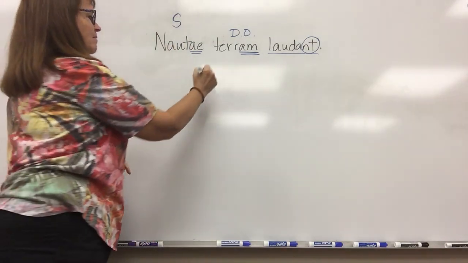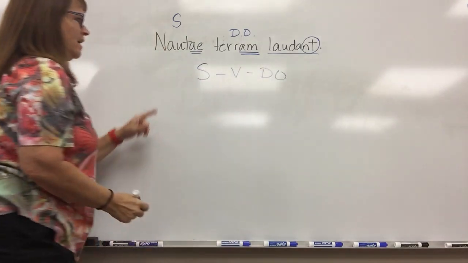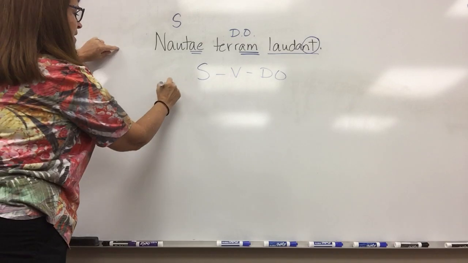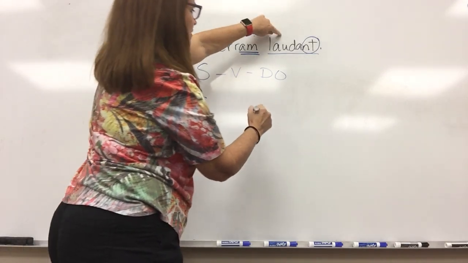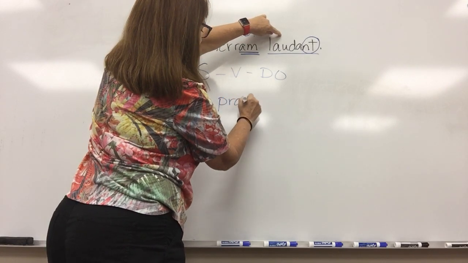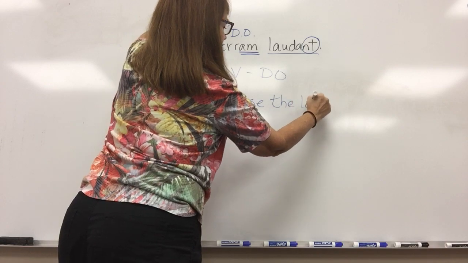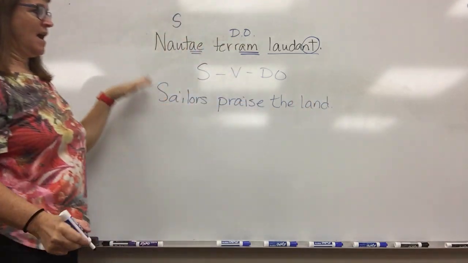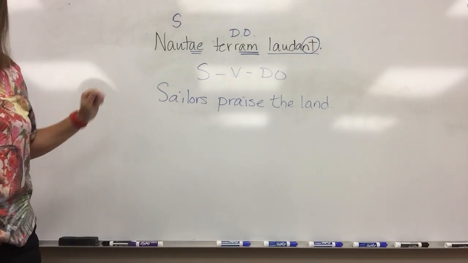When I translate, remember, I'm going to go subject, verb, direct object. So I'll start with the subject, sailors. Then I'm going to go to my verb, praise, the land.